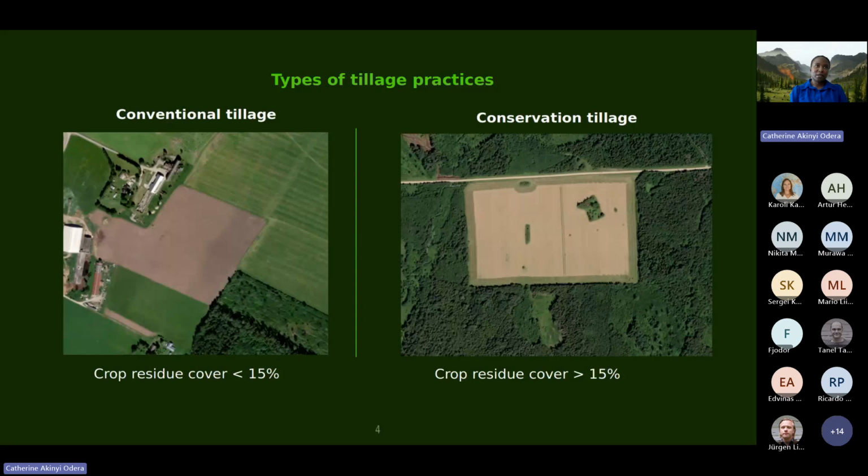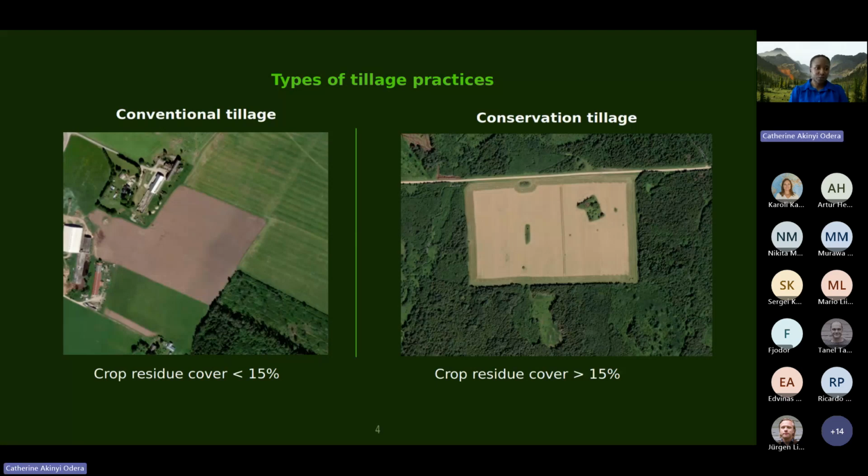For the tillage practices, they fall under 2 major categories. We have conventional tillage and conservation tillage. And how do we tell these 2 types of tillage apart? It's by the crop residue cover that is left behind after maybe harvesting, and for how long it's left on the field.